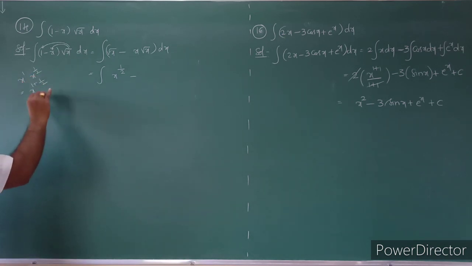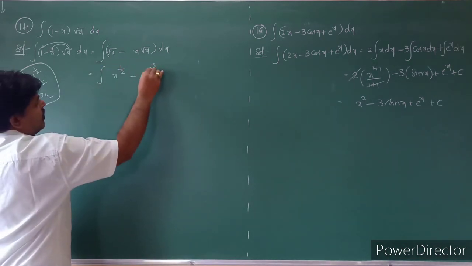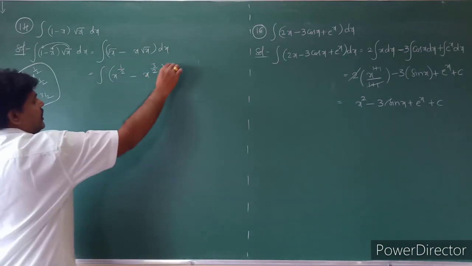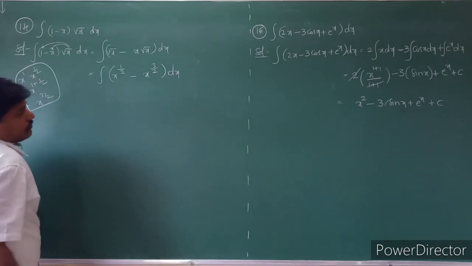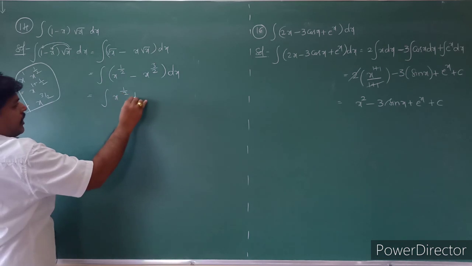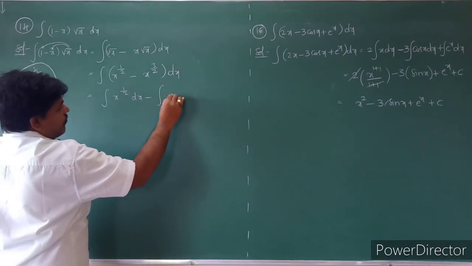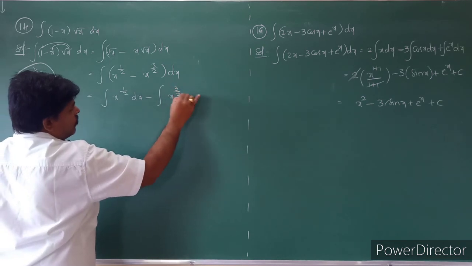Take the LCM, it is 3 by 2. So this value will become x power 3 by 2 into dx. Integral of x power 1 by 2 into dx minus integral of x power 3 by 2 into dx.